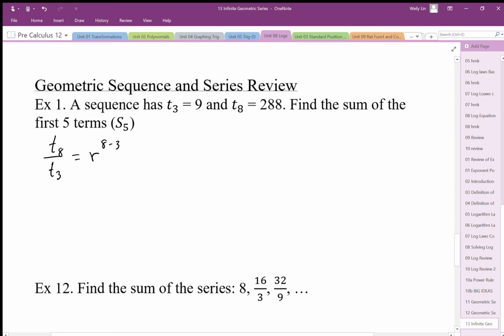So if I divide 288 over 9, that's going to be R to the power 5. Solving for R, I can just take the 5th root of that. So R is equal to the 5th root of 288 over 9.